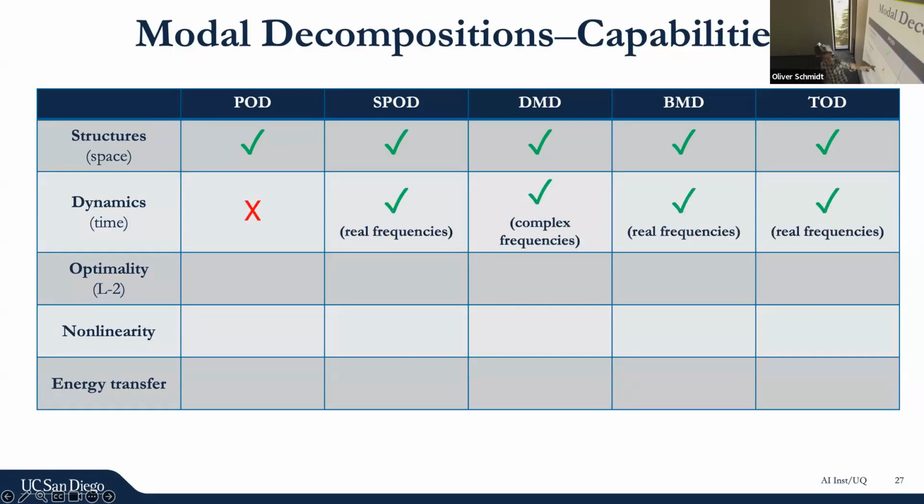Time dynamics, well, POD not so much. Whenever you see an X here, sure, you can somehow ad hoc hack your way to get expansion, but it's not inherent to the decomposition per se. Whereas SPOD, Fourier, DMD give us frequencies, real or complex. BMD gives us real frequencies. The TOD gives us real frequencies.